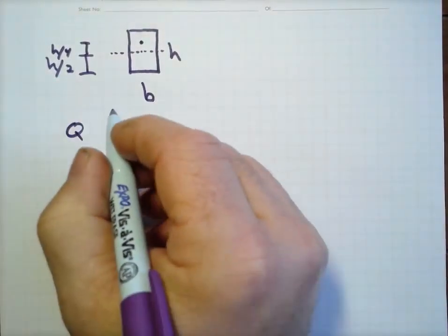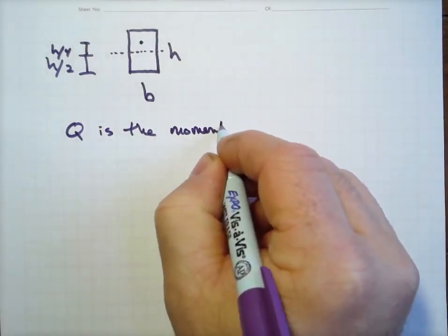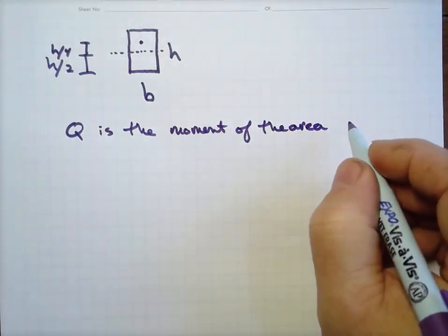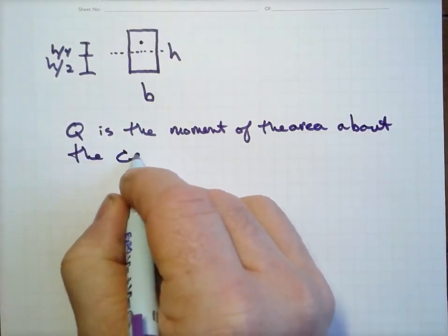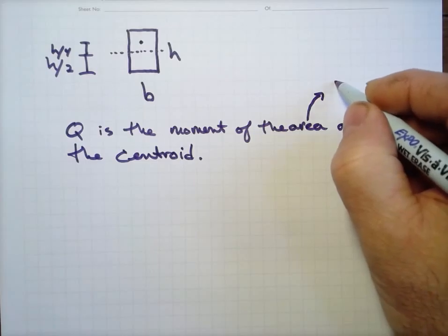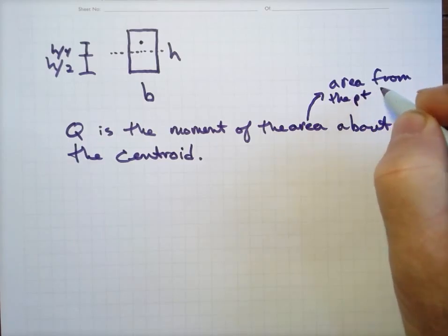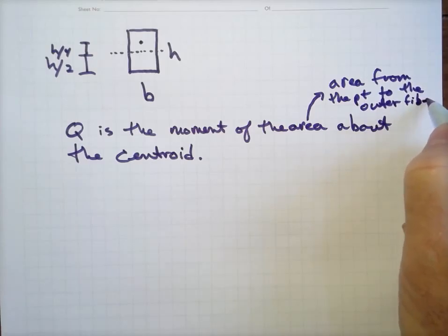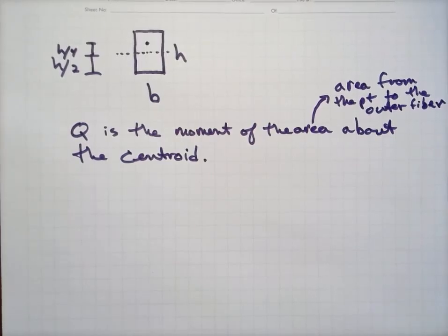Let me write it out in words. Q is the moment of the area about the centroid, where the area is the area from the point to the outer fiber.